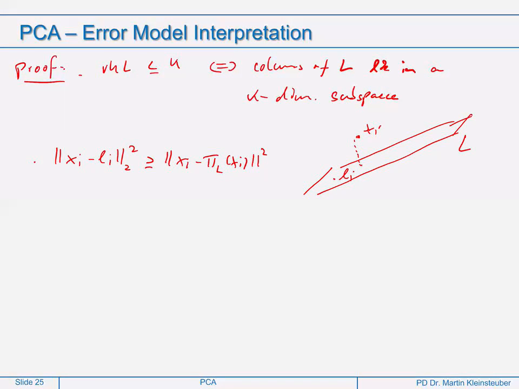For all Li lying in that subspace. So that means that also the sum over i of the norm of xi minus Li squared is greater or equal to the sum over i of the norm of xi minus the projection of xi, squared. That's what follows here.